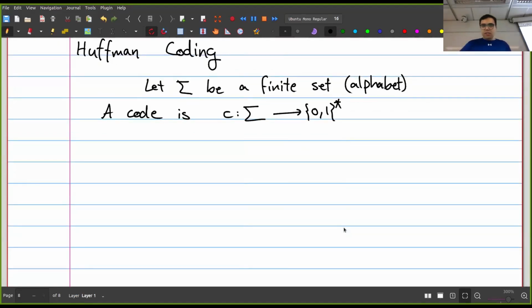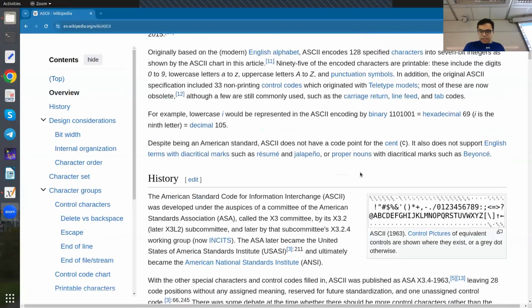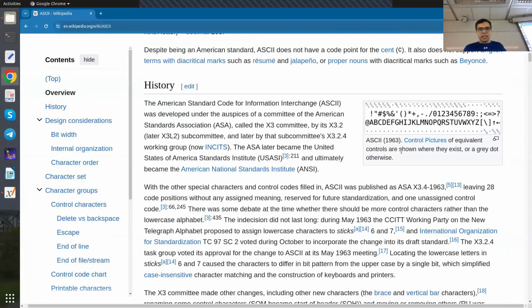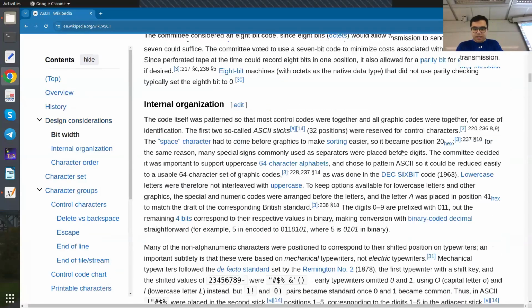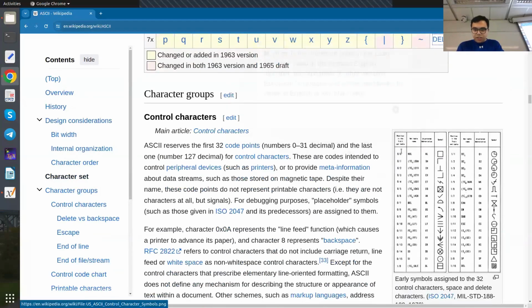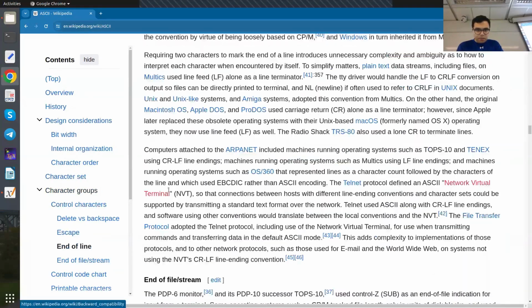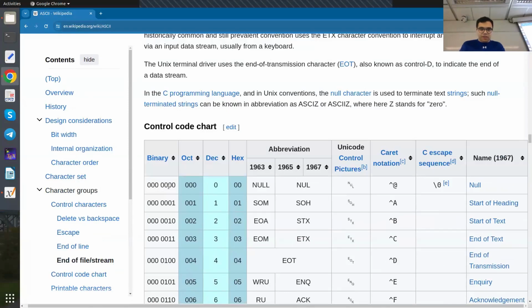So I think you've already heard about the ASCII code. So the idea in the ASCII code is that we take all of the letters that we want to represent, and we basically give each of them a sequence of zeros and ones, a sequence of numbers in binary.